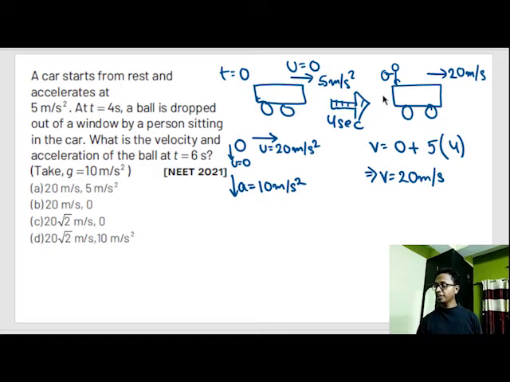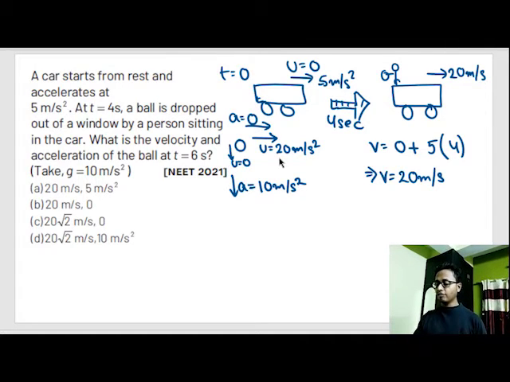Ball is already thrown out, so it receives no interaction with the car, and acceleration is a consequence of force. So whenever a ball or object is thrown out of a container, it takes the velocity of the container but doesn't take the acceleration of the container. So acceleration in horizontal direction is equals to 0.